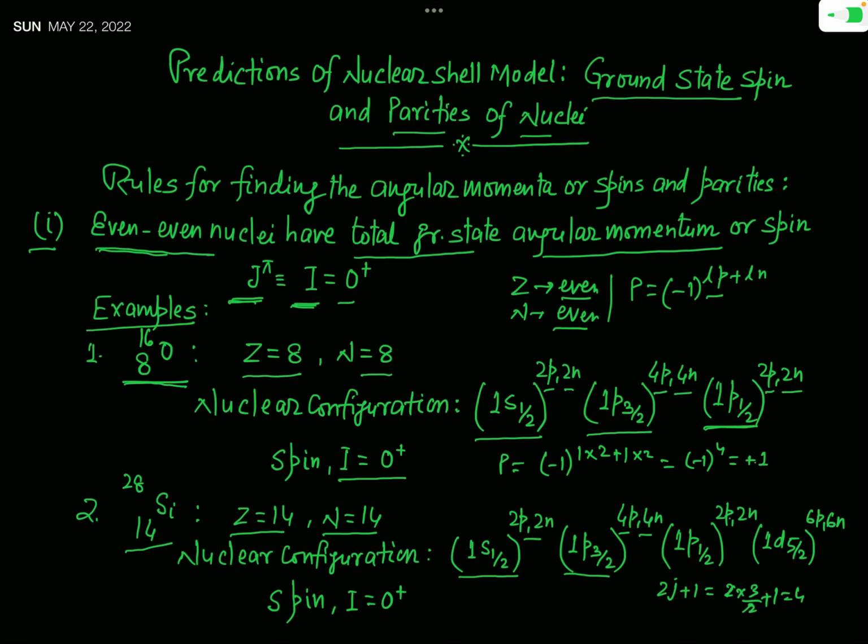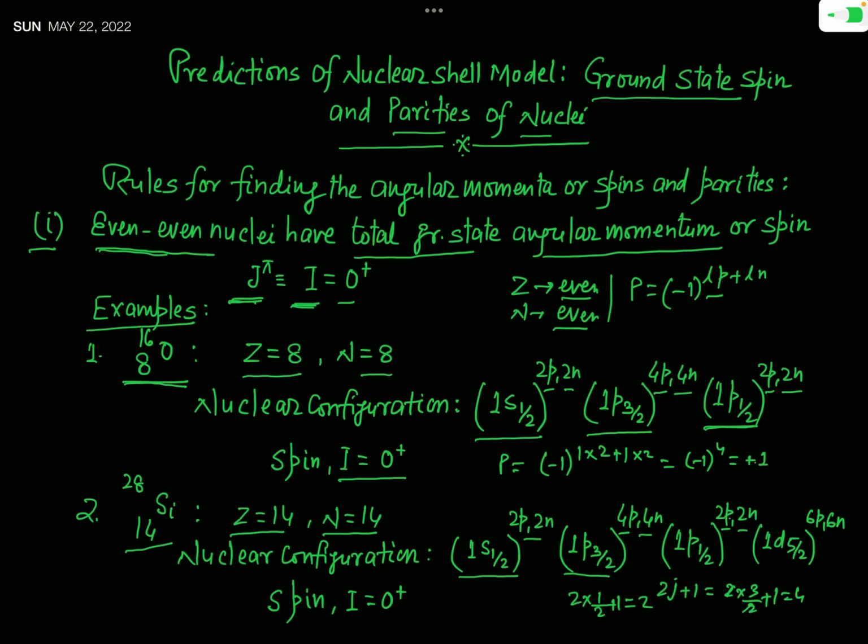Similarly, in 1p1/2, J is actually 1/2. So what will be the number of neutrons and protons? This will be 2 into 1/2 plus 1, and that will be equal to 2. So 2 protons and 2 neutrons are in this subcell.